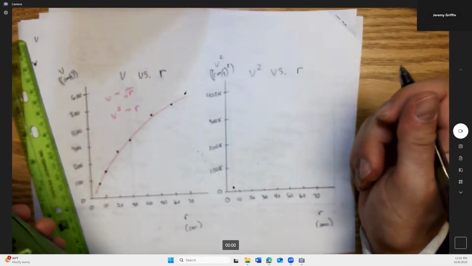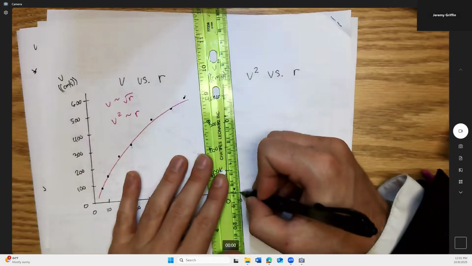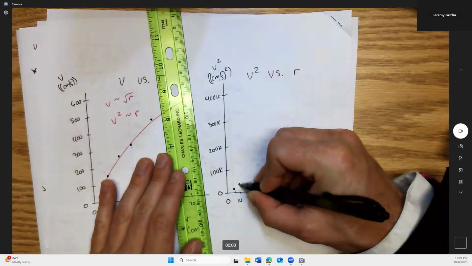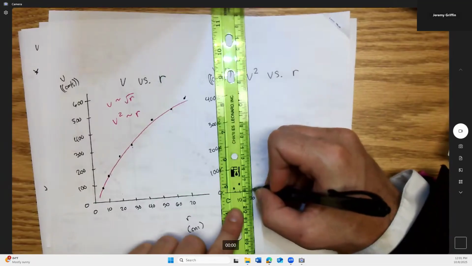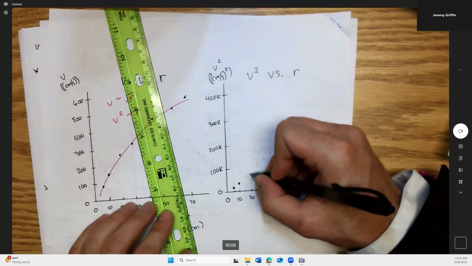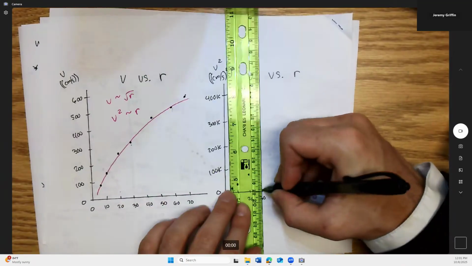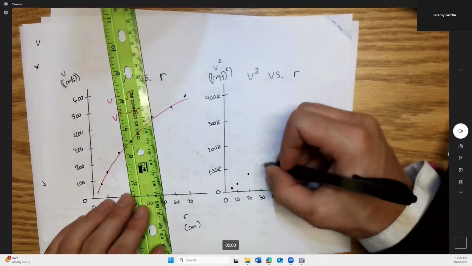Next point. 10, 23,000. All right, next point. 76,000. Next point. 112,000.